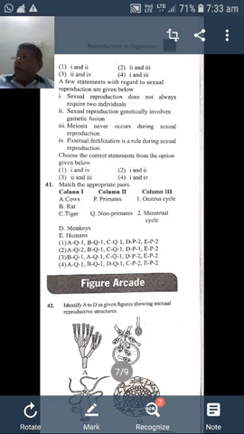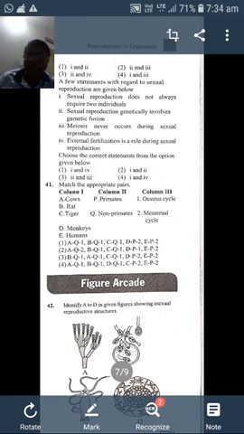First one is conidiosporangium of Penicillium. Second diagram is zoospore of Chlamydomonas. Third is bud of Hydra. Fourth is a gemmule of sponges. So what is the answer? Answer is second one. Okay.